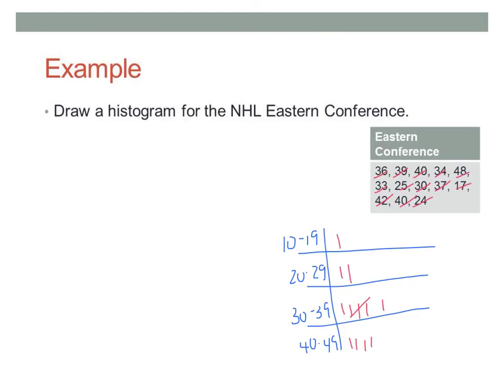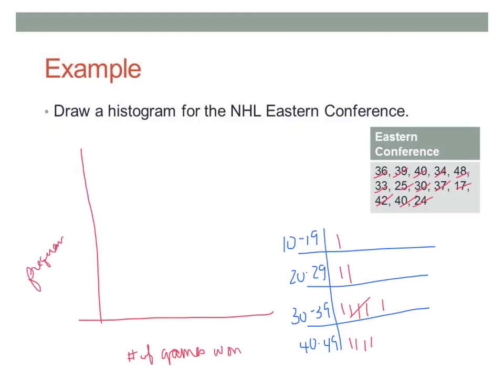Okay. And then to do your histogram, so really first quadrant, so this is going to be number of games won. And then over here, we're going to have our frequency. And so we're going to have this whole section here that's going to be 10 to 19. And this is going to be 20 to 29, 30 to 39, 40 to 49.